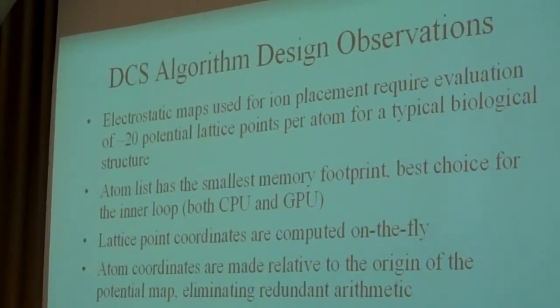And so the first thing we do with this algorithm from the very beginning is compute lattice coordinates on the fly. We do arithmetic to calculate where those lattice points will be. I have people say, well, why didn't you just pre-compute all those lattice point coordinates? Well, if we compute them ahead of time and load them from memory, those are extra global memory reads we would have to do.